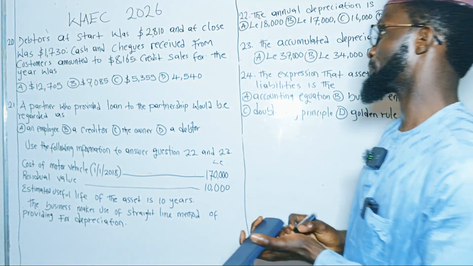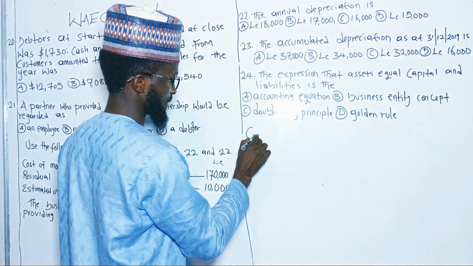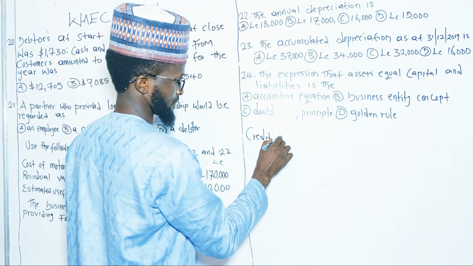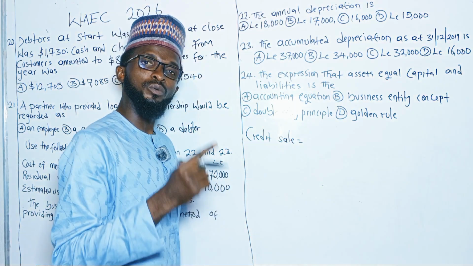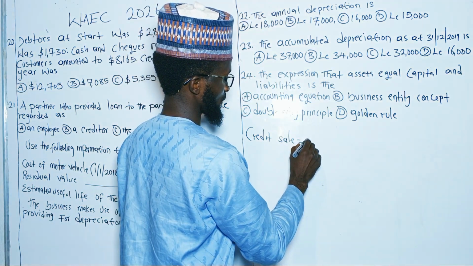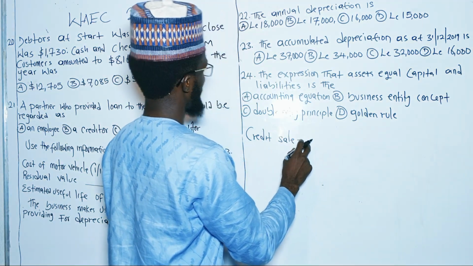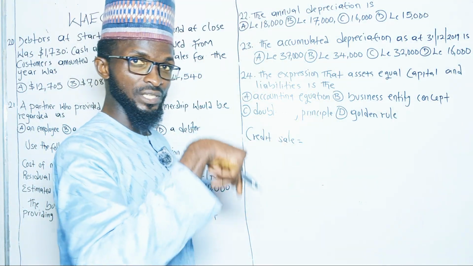So let's write. To determine our credit sales, we are going to say the amount received, which is $8,165, what they received within the year.